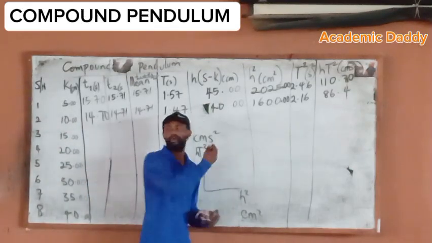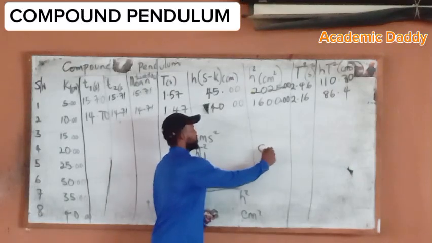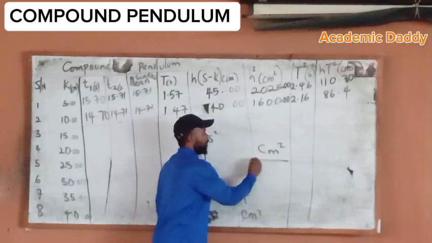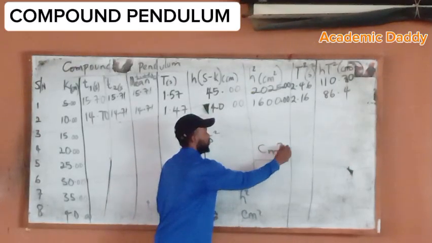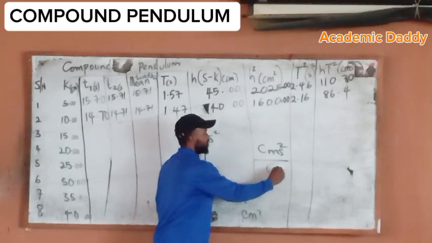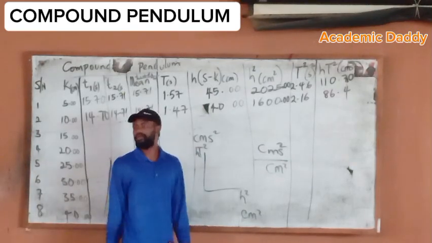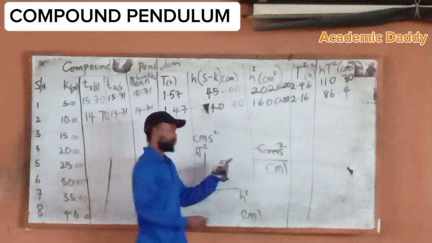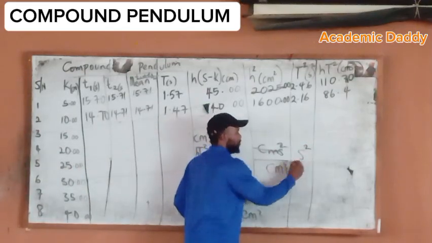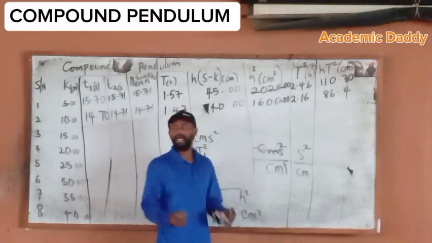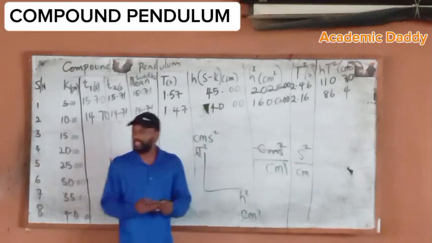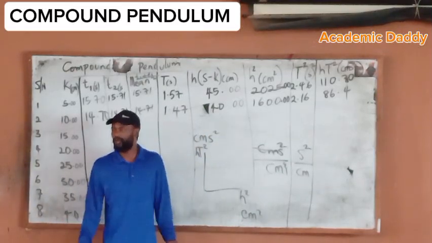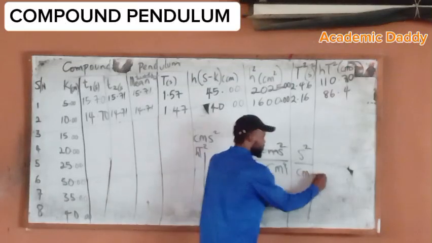And we know that the slope we have here will simply be centimeter squared all over centimeter second squared all over centimeter squared. Is it not true? So when this cancels one of these, I will have second squared over centimeter. And you know that whatever we have in centimeter can actually be converted to meter.